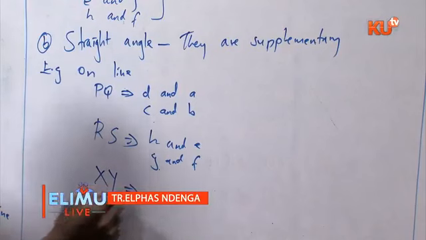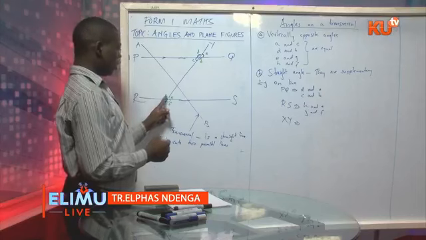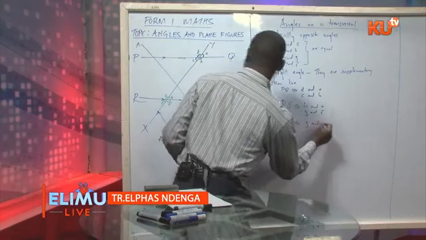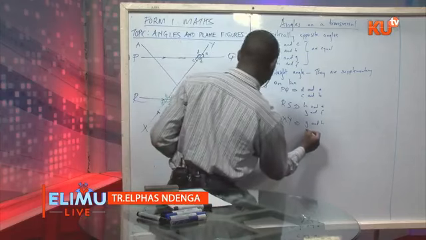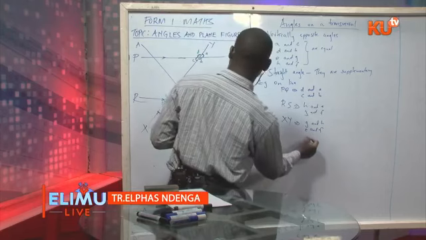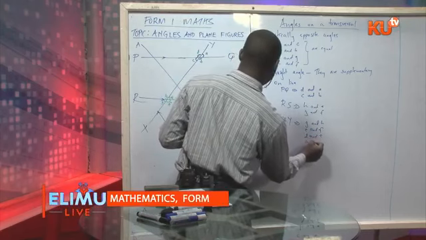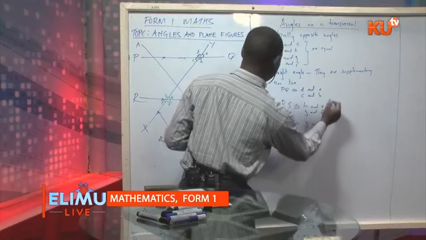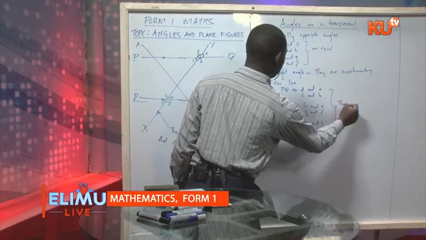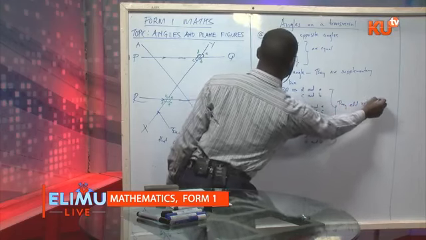If we consider XY, which is the transversal, then we'll have the angles G and H, then E and F. At the other side, we have D and C, then A and B. So this set of angles are supplementary, and they add up to 180 degrees.